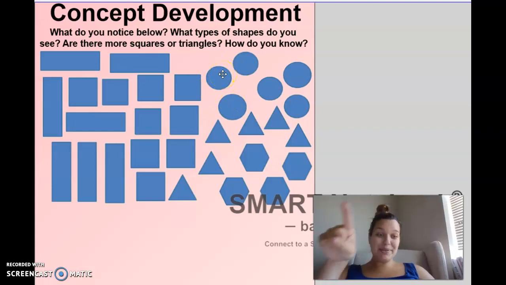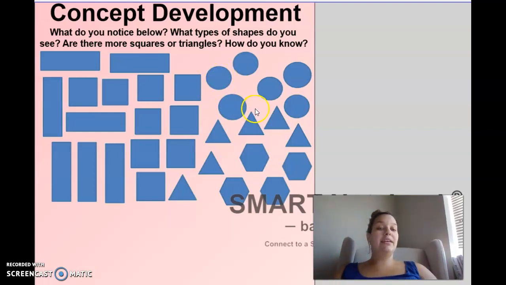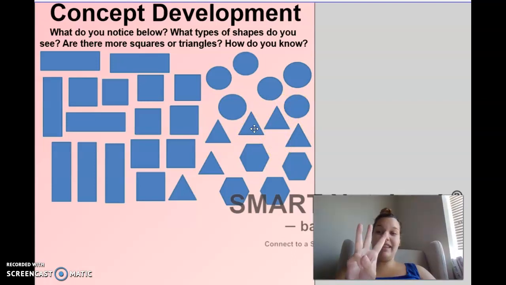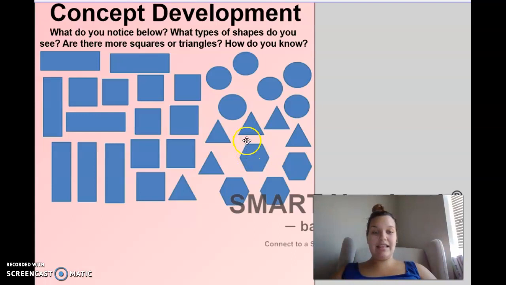A circle, it just goes around and around. It's the shape called a triangle, and it has how many sides? Three sides. And then down here, what do we have? We have a hexagon. And a hexagon has six sides.